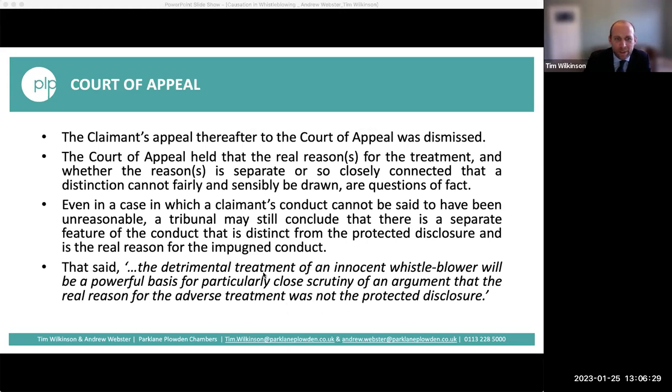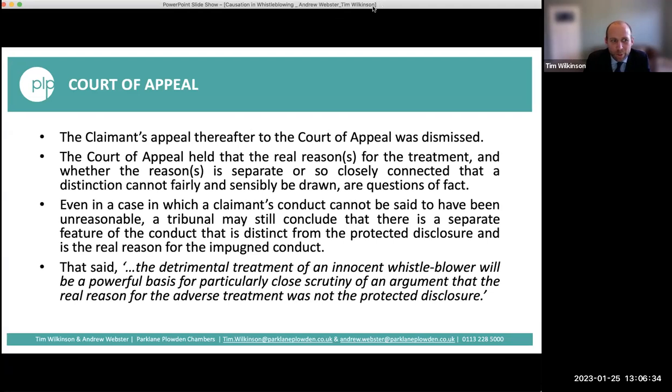As we can see in that final bullet point, the detrimental treatment of an innocent whistleblower will be a powerful basis for particularly close scrutiny of an argument that the real reason for the adverse treatment was not the protected disclosure.